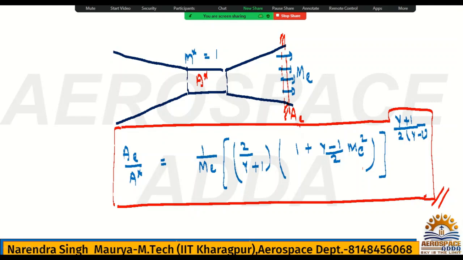So for each value of A by A star, you will have two Mach numbers, and that Mach number corresponds to whether it is in the convergent or the divergent part. If it is in the convergent channel, it will be subsonic. If it is the divergent channel, it will be supersonic. This formula will be valid for isentropic flow. I will tell you more somewhere.